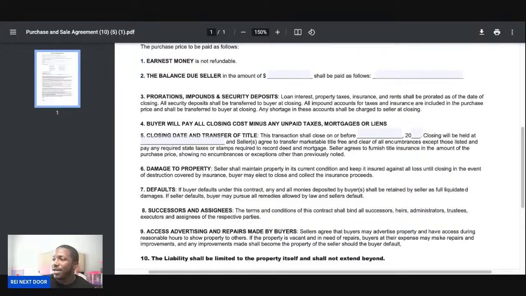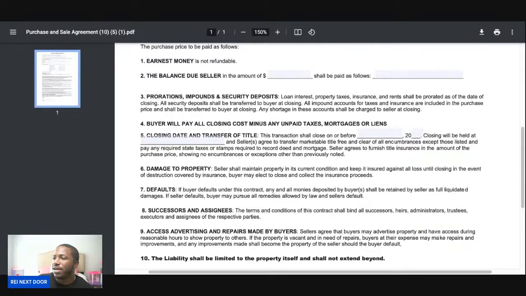So have access during reasonable hours to show the property to others, right? Which could be your buyers, or your contractors, or your partners. So if the property is vacant and in need of repair, buyers at their expense may make repairs and improvements.